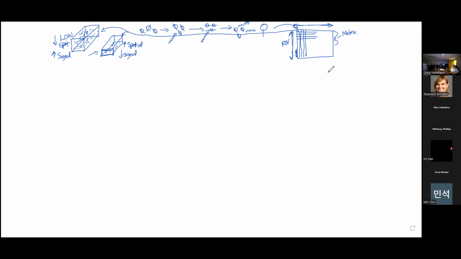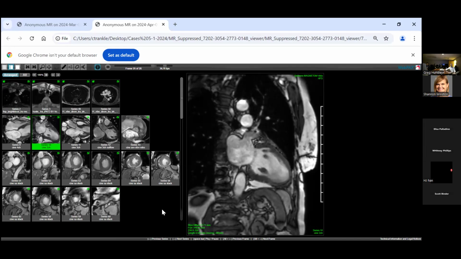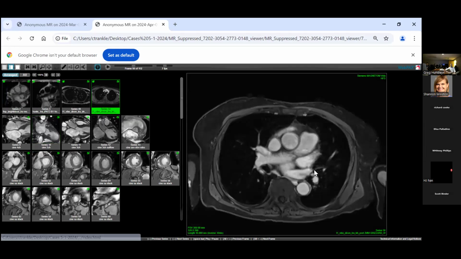So Corey, can we go back and share the screen with the images, with the case on it? Yeah. So if you are looking at the screen now, you're going to see some images. And maybe, Corey, if you can click on this image and freeze it.